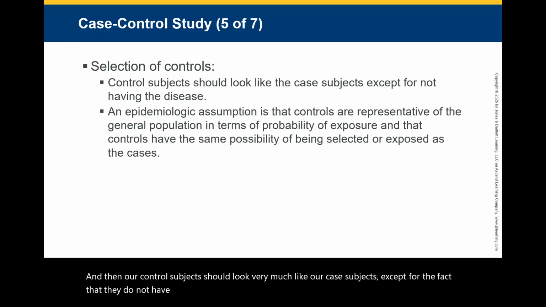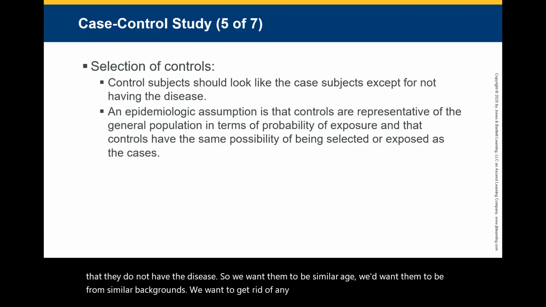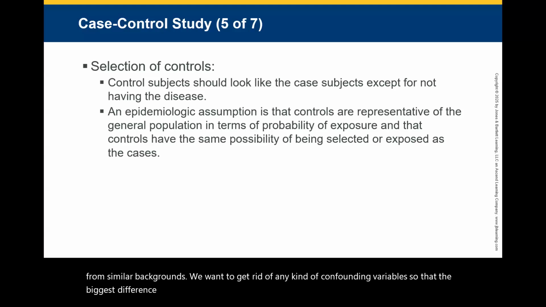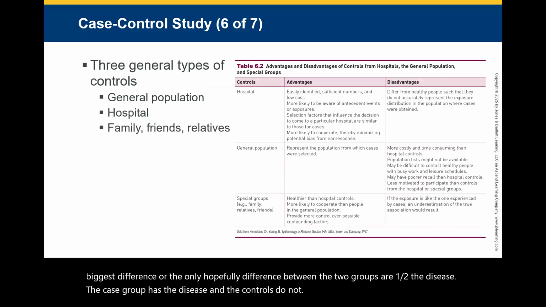So we want them to be similar age. We'd want them to be from similar backgrounds. We want to get rid of any kind of confounding variables so that the biggest difference, or the only hopefully difference between the two groups, is that the case group has the disease, and the controls do not.